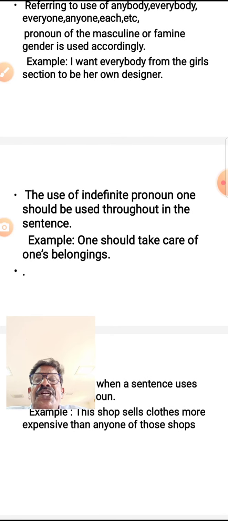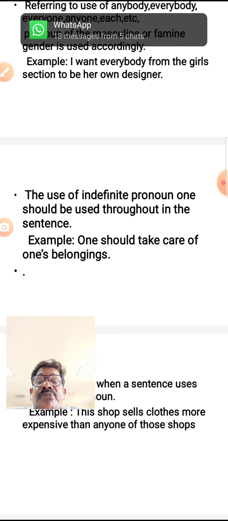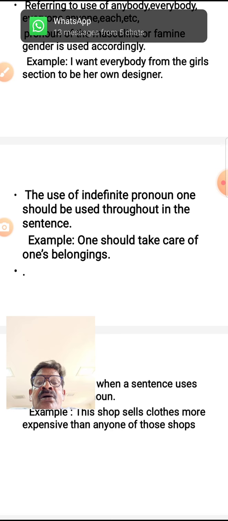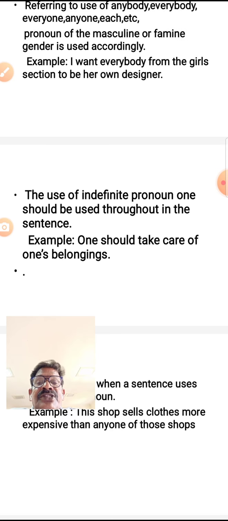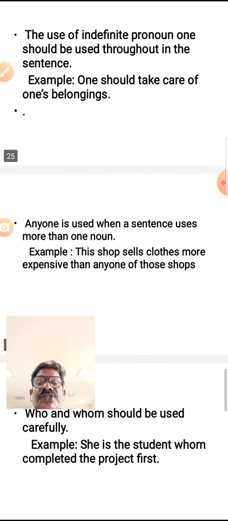And with the use of indefinite pronoun, one should be used throughout the sentence. Okay? When you are using an indefinite pronoun, it should be used throughout the sentence. For example, one should take care of one's belongings. That means nobody is going to take care of your belongings. It is you who have to take care of yourself.